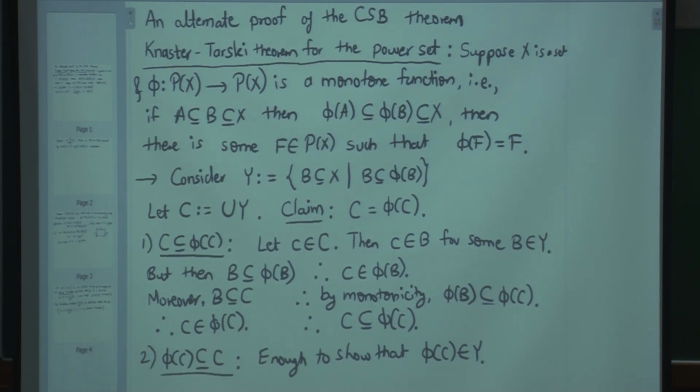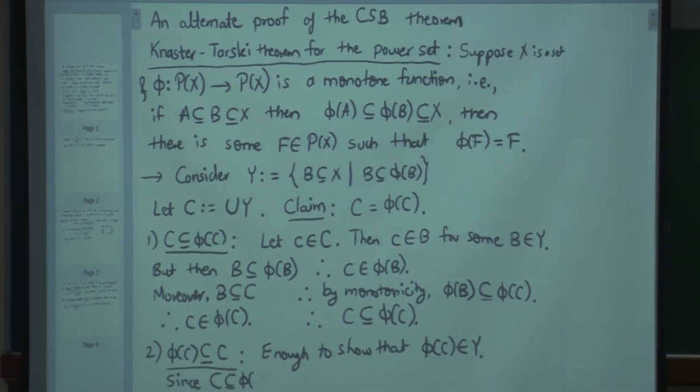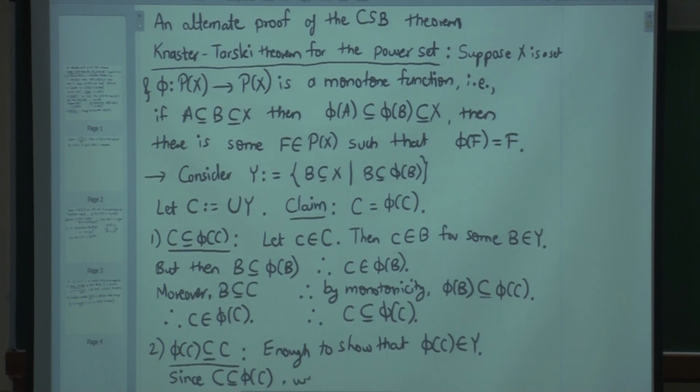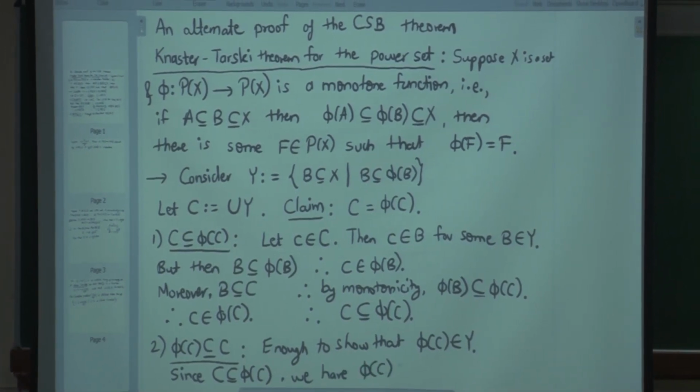How will we show this? Use the first part, that C is a subset of phi of C. Very good. Since C is a subset of phi of C, we have phi of C is a subset of phi of phi of C by monotonicity.